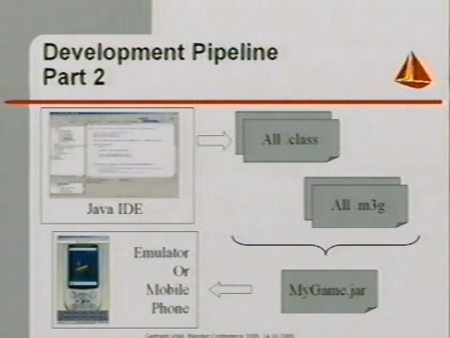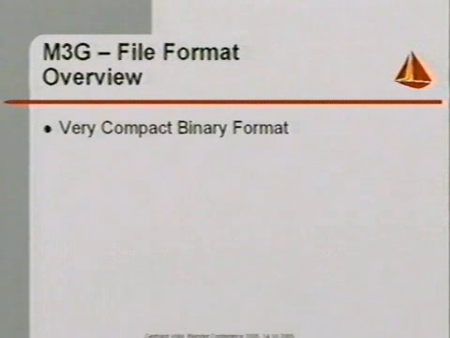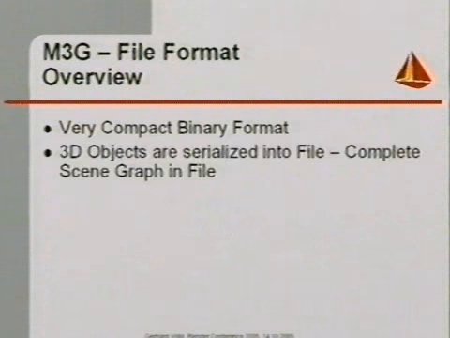Well, M3G, a short overview: a very compact binary format. 3D objects are serialized into files, and it's the complete scene graph which is in the file, with animations and so on.